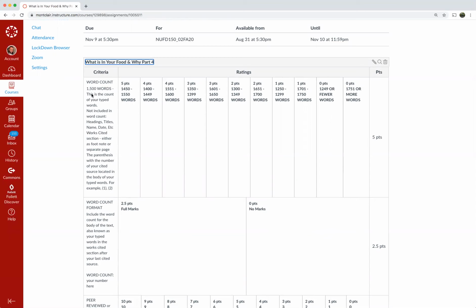So if you're basically 50 words under that, you'll get 4 points. If you're 50 words above that, you'll get 4 points. If you're 100 words below that, you'll get 3 out of the 5. If you're 100 words above that, you'll get 3 out of the 5. So that's just something that I want you to think about.